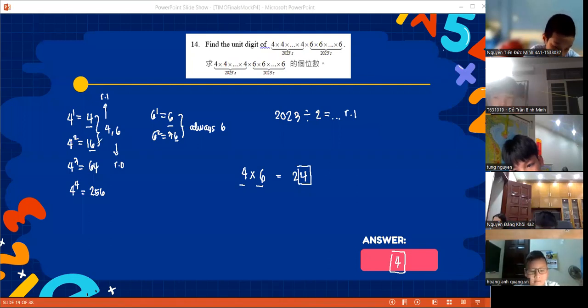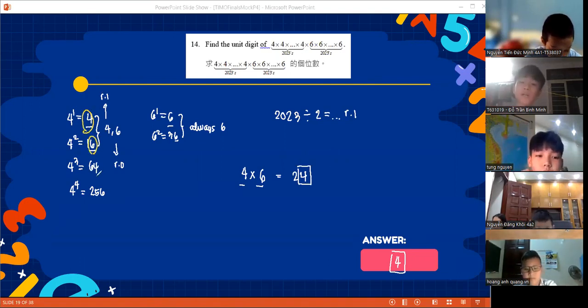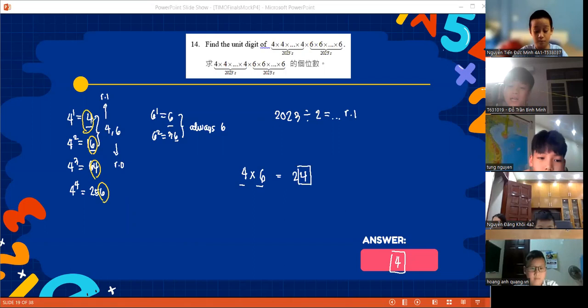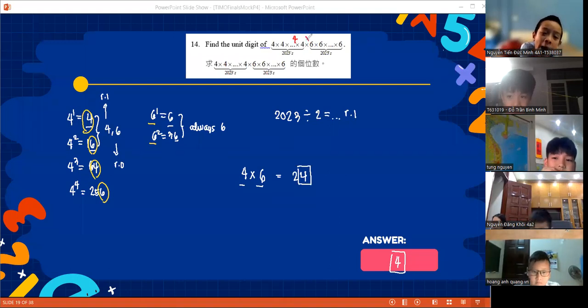So 4, 6, 4, 6, 4, 6, repeating two numbers, 4 and 6. When it comes to 6, it's always 6. So we can simplify this as 4 times 6, which is 24. So the answer is 4.